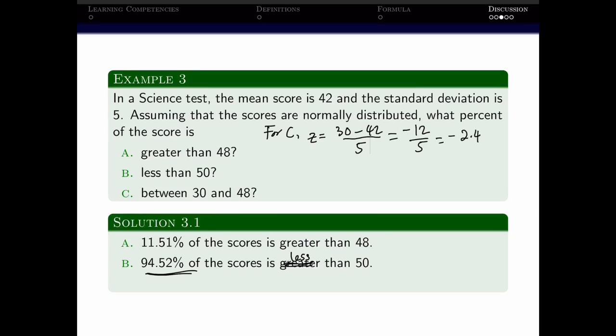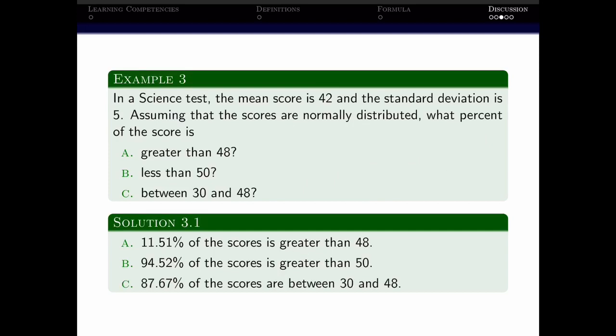So that's the z equivalent for 30. Now the z for 48 is 48 minus 42 over 5, 6 over 5, which is 1.2.